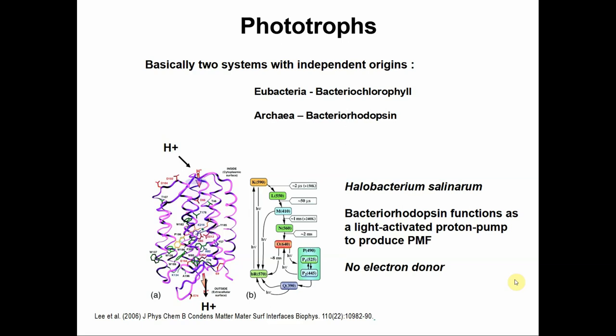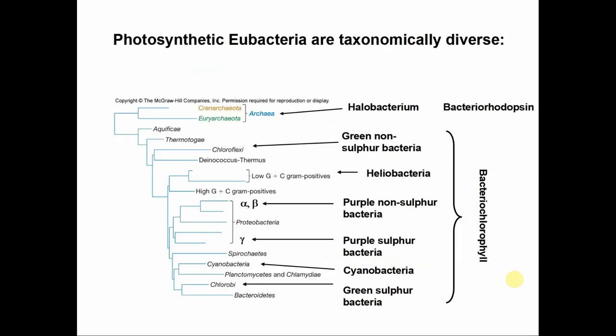Okay, so that's for bacterial rhodopsin and photosynthetic archaebacteria. How about photosynthetic eubacteria? In fact, there are several types of photosynthetic eubacteria, and they all use a photosynthetic machinery based on bacterial chlorophyll as the chromophore.